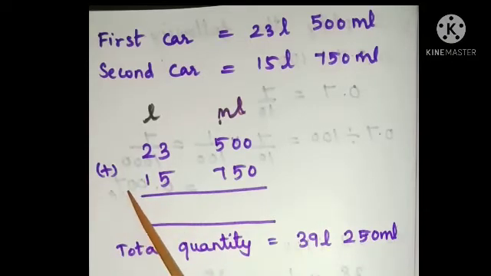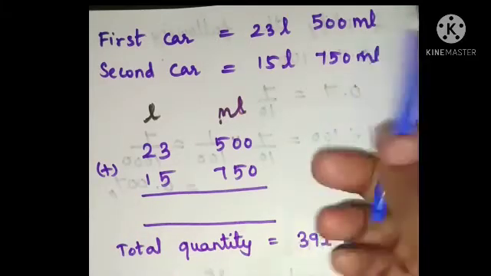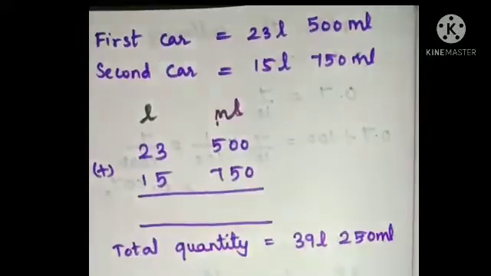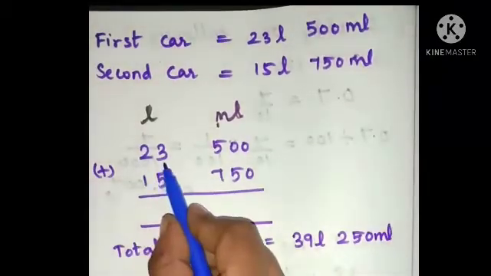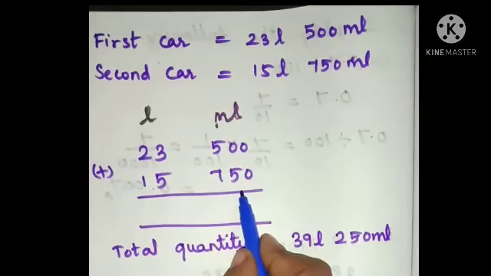So here the total word is a keyword of addition. So in this problem we have to add these two values, liters and milliliters. 23 liters 500 milliliters and 15 liters 750 milliliters.